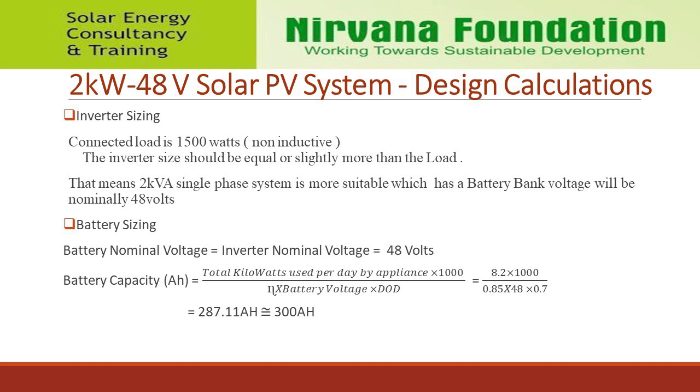Battery sizing. Considered battery nominal voltage is 48 volts. DOD as 0.75. Efficiency of battery as 0.85. So we can substitute in the formula to get battery capacity 300 Ah.